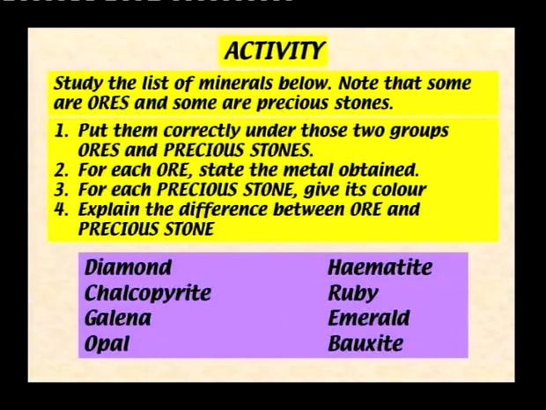You're going to actually use a dictionary or an encyclopedia to help you divide those minerals into two groups. And for each of the two groups, you are going to actually identify from that list which of those are examples of precious stones, and you put them in one group or under one column, and which of those are examples of ores, and you put them in the next column. So 2 columns for that activity.